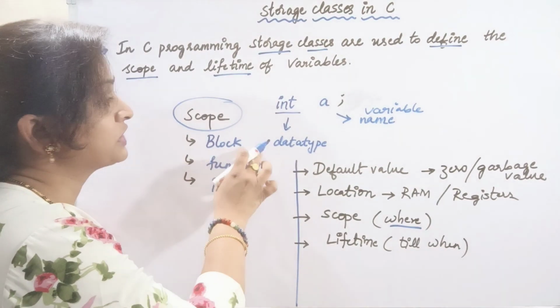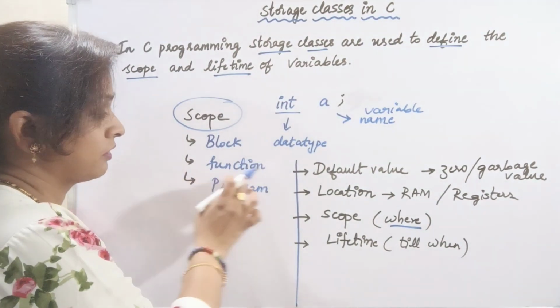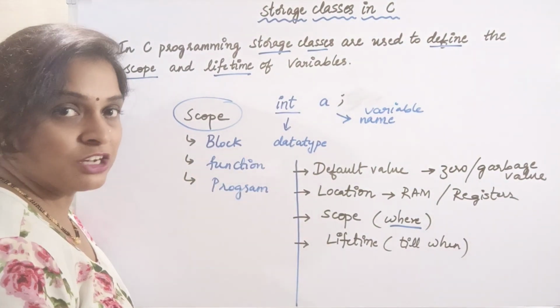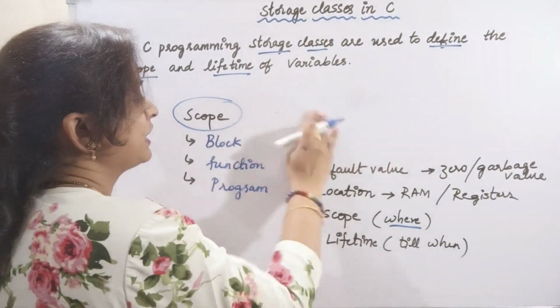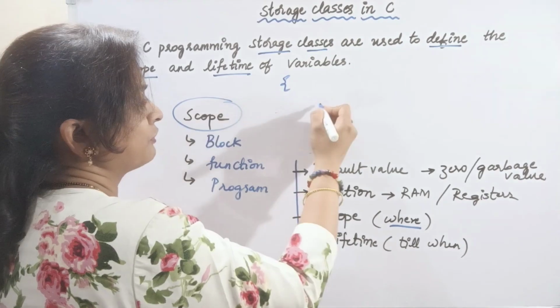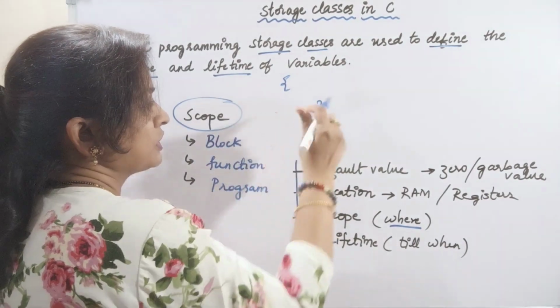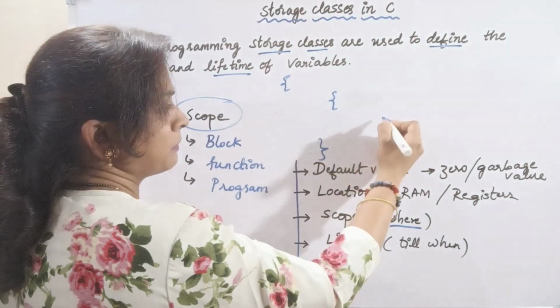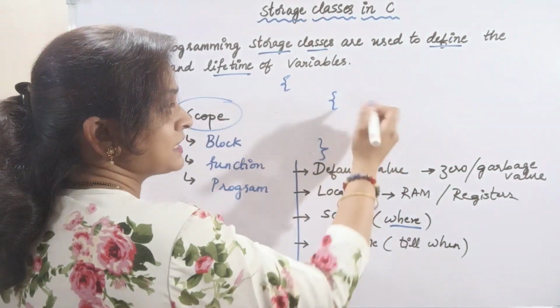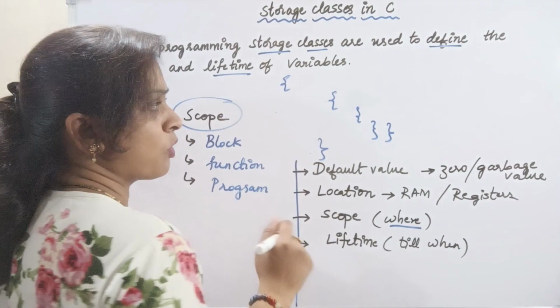Can I access within a block? So what is this block? Block means the open and close braces. So for example, I have the block like this. I have multiple blocks. So here I have the main block. Inside the main block there may be one more sub block. Inside this there may be one more sub block like this.